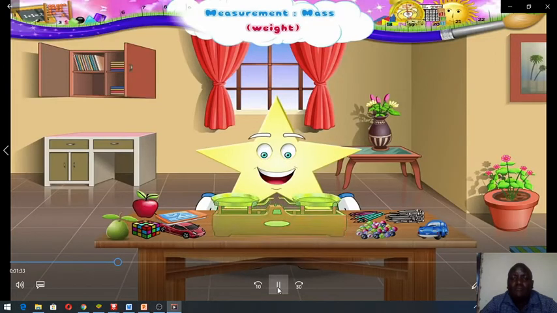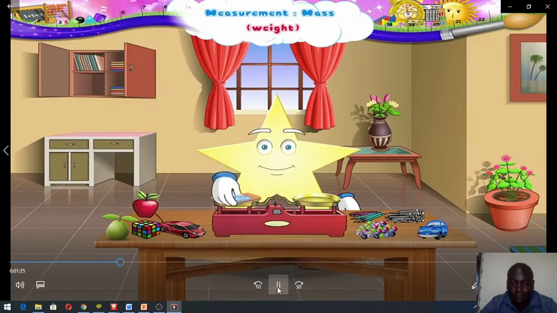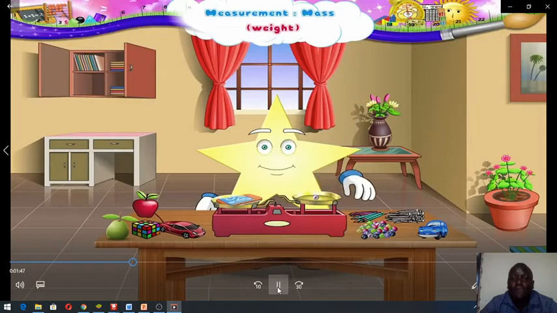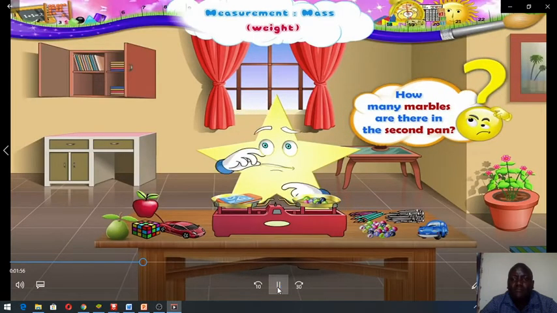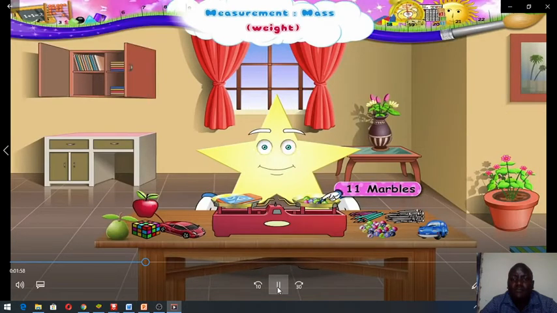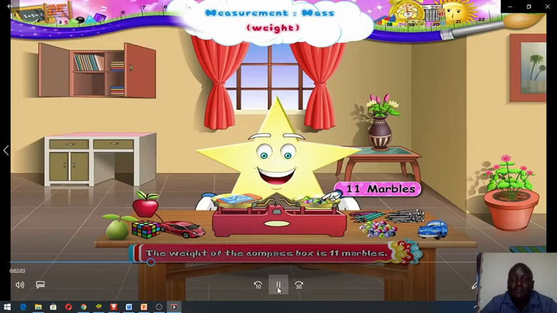First, we shall take the weighing scale and put the compass box in one pan. Now, let's put marbles in the other pan one by one. Put the marbles till both the pans are balanced. How many marbles are there in the second pan? 11 marbles. So, Starry, the weight of the compass box is 11 marbles.